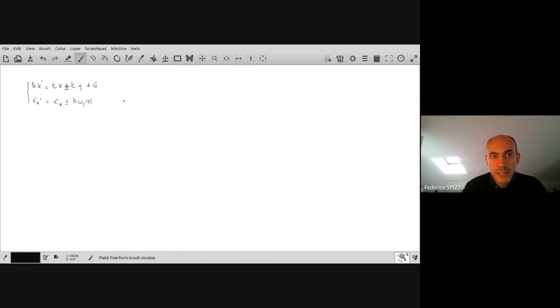We have just seen that in this case the energy of the electron after the interaction is nearly equal to the energy of the electron before the interaction, due to the fact that h bar omega s is very low.